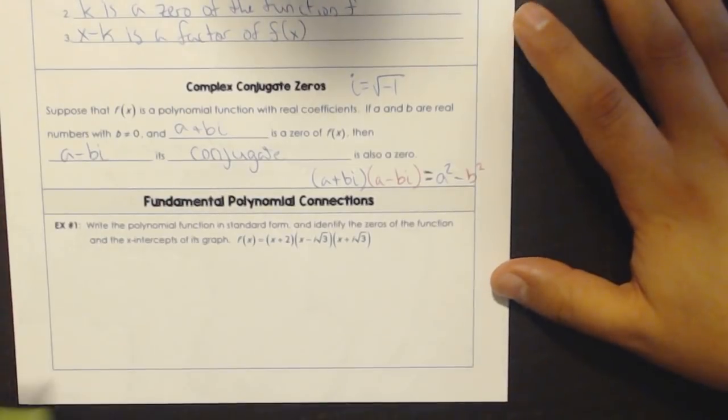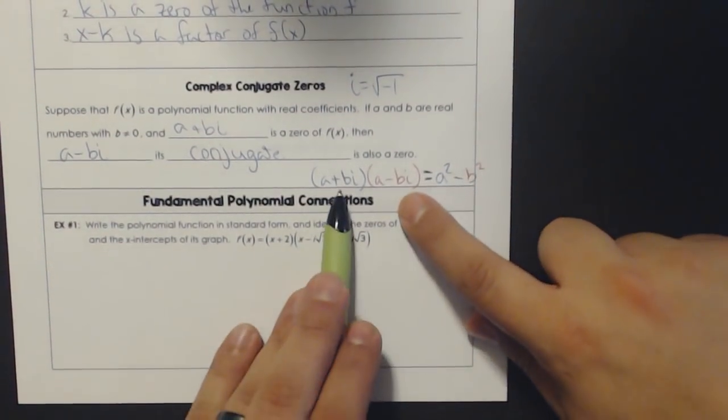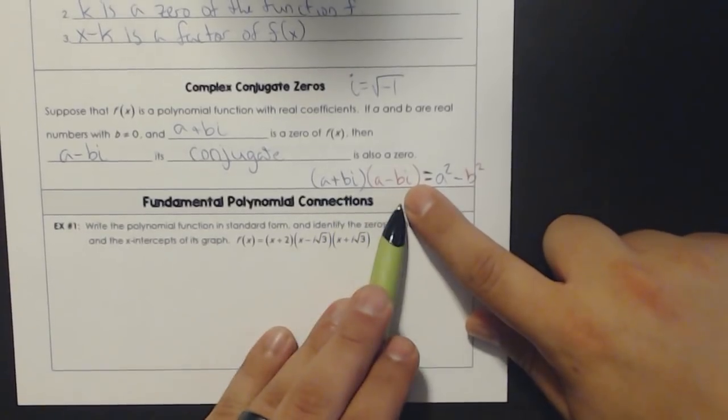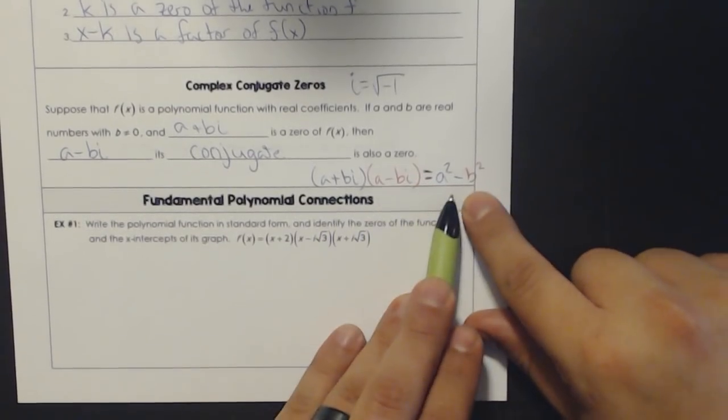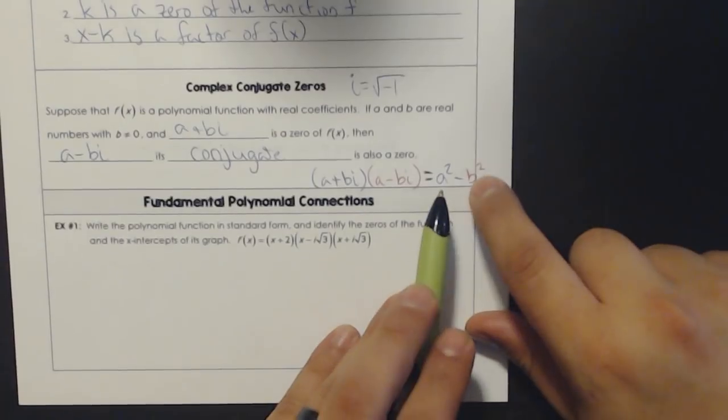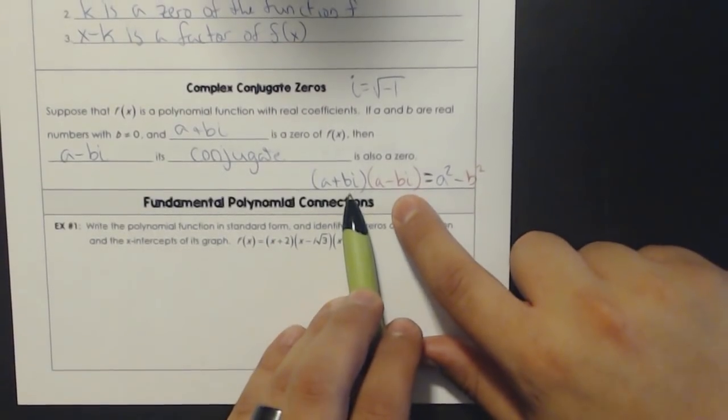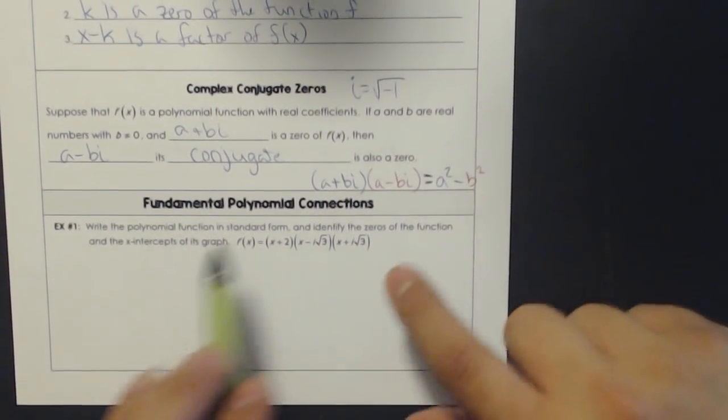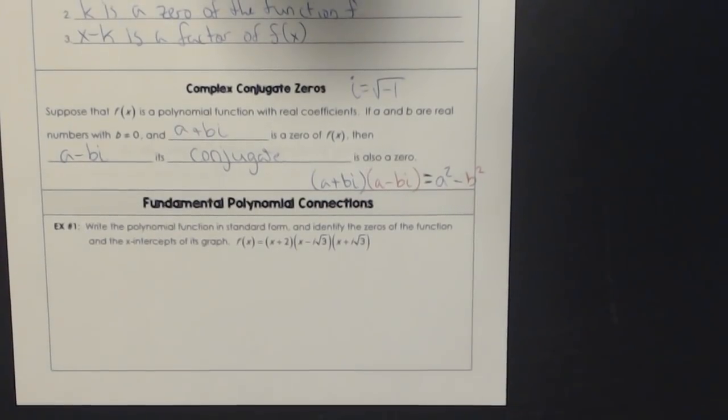This is a difference of squares. Because of that, we can get ourselves from here to here. We're going to use that knowledge in multiple examples, so let's make sure we're paying attention for those kinds of things.